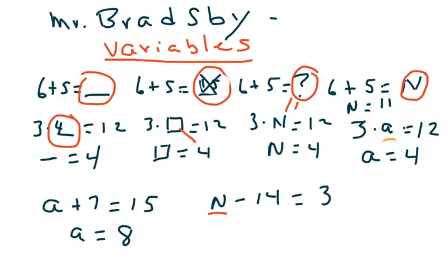Well, we're subtracting. You know how to undo subtraction? The inverse operation. You add. You add 14 and 3 and you get 17. So is that true? Yeah, 17 minus 14 would give me 3. So there are some examples of using variables and solving problems.